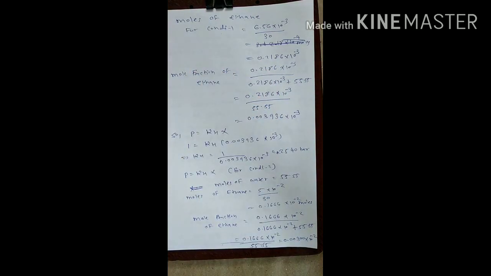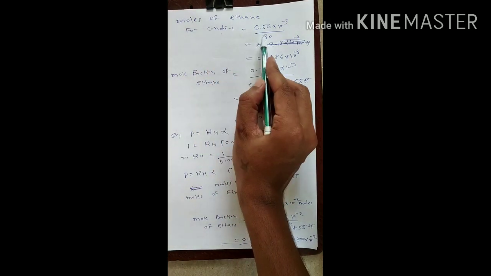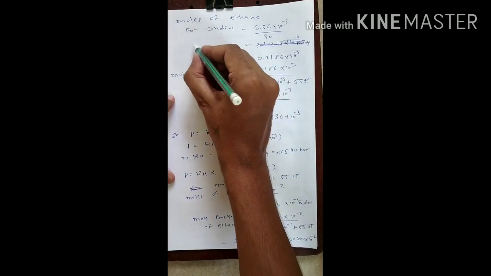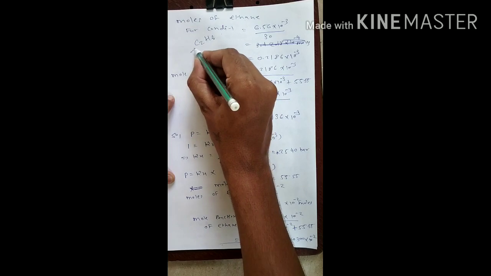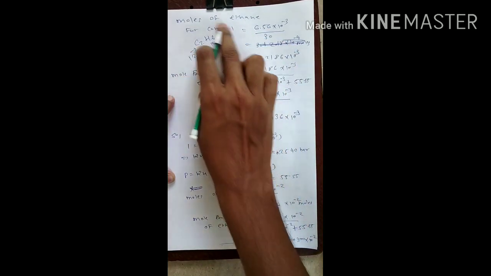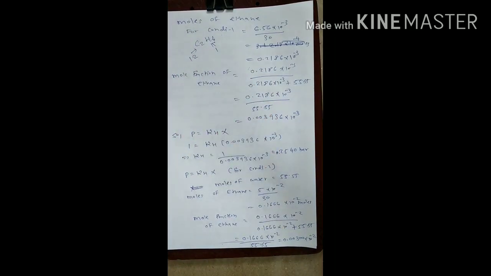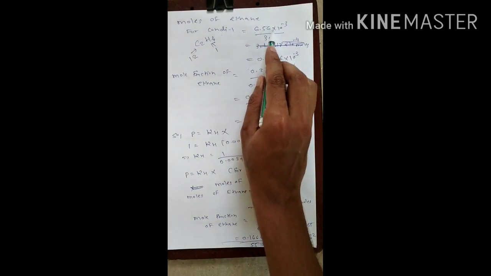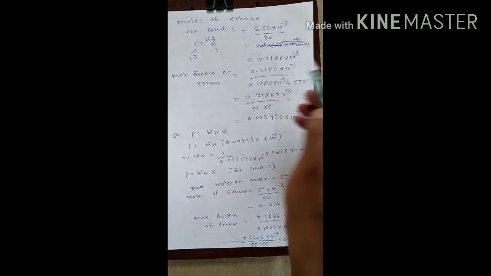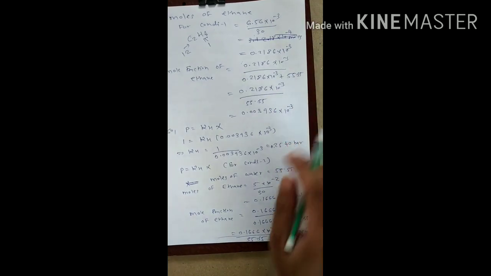Moles of water we found as 55.55. Moles of ethane is equal to mass of ethane divided by molecular mass. The formula for ethane is C2H6, carbon atomic mass 12, hydrogen atomic mass 1. From the formula C2H6 you will derive molecular mass 30. So 6.56 into 10 raised to minus 3, that is the weight of ethane, divided by molecular mass 30. You will get 0.2186 into 10 raised to minus 3.